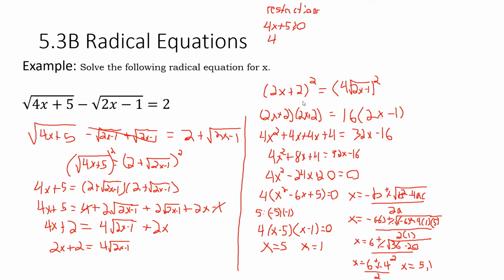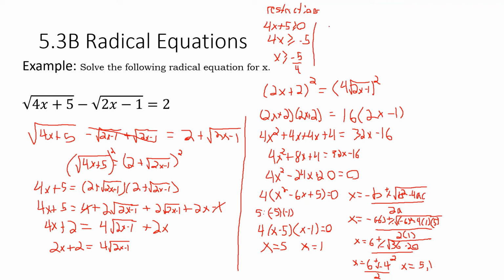Bring 5 to the other side, and we'll find that 4x must be greater than or equal to negative 5, and then divide both sides by 4 to find that x must be greater than negative 5/4.